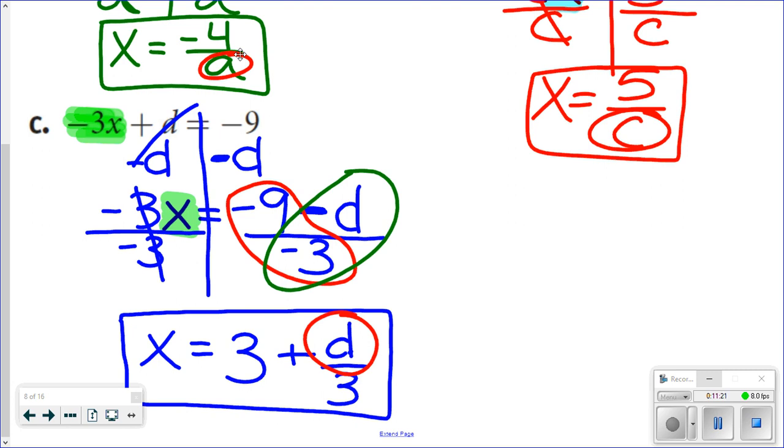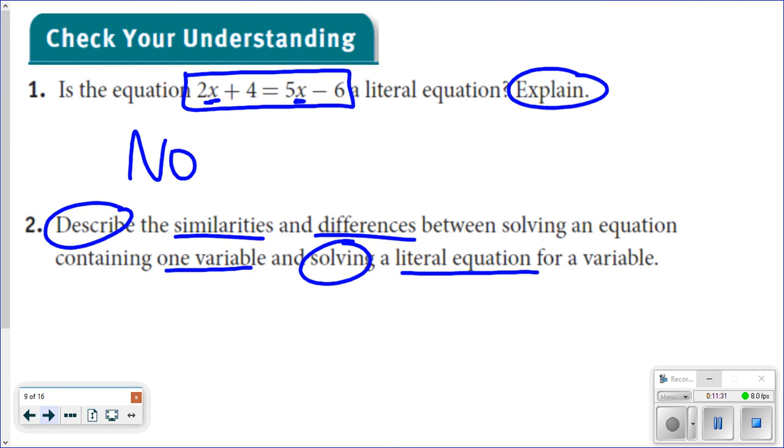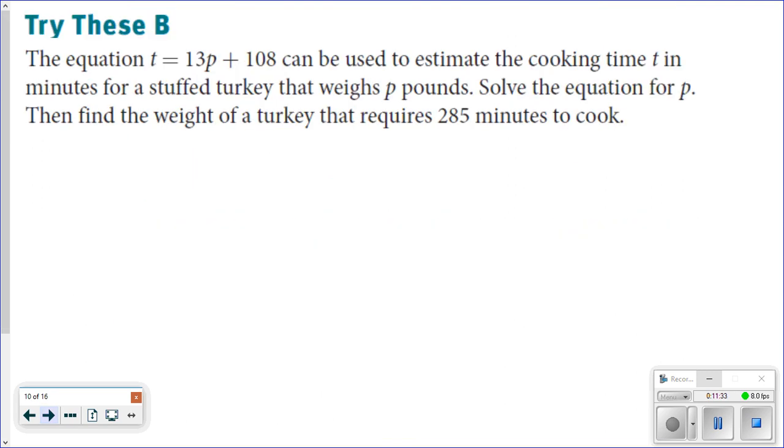Before, we just had x equals a number. So x equals 2, or m equals -5. So now our answers contain a variable. I'm going to skip example A, but you can go ahead and take a look at that and walk yourself through that example.